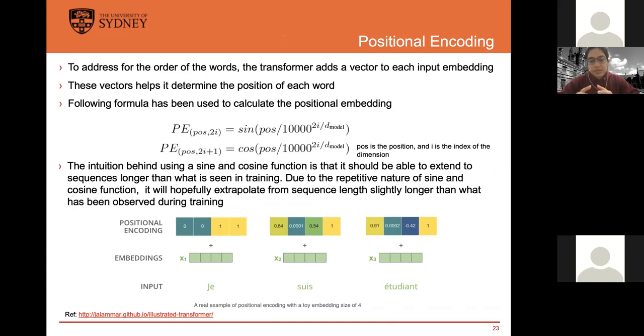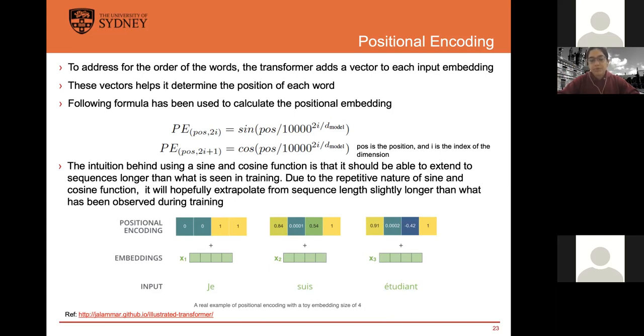To address this, what does the transformer network do? It adds a vector to each input embedding. From the input embedding, you get a vector representation of your word, but it doesn't have any positional information. You add a vector to it. In the paper, this formula is used, and there's an intuition behind it.